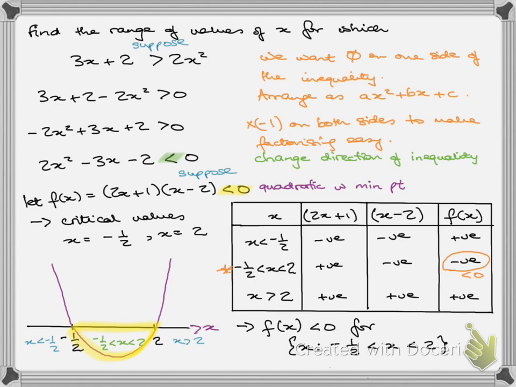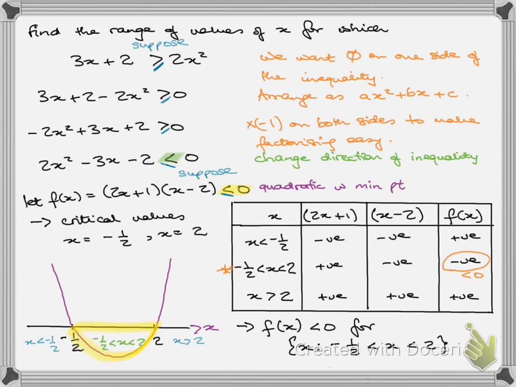Suppose instead of the question saying 3x plus 2 is greater than 2x squared, which took us all the way down to f of x equal (2x plus 1)(x minus 2) is less than 0, suppose instead the question was not a strict inequality, but was rather a greater than or equal to.